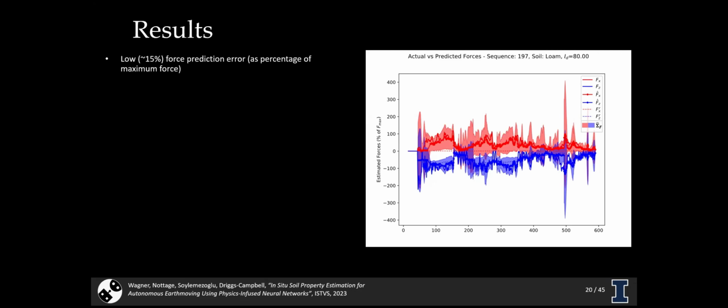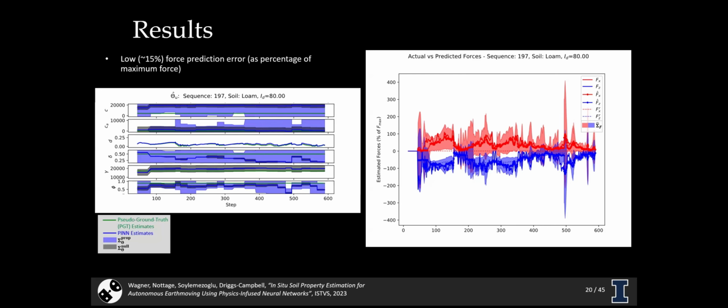The dotted line is representative of the actual predictions, and the solid red line is the measured force, and they're on top of each other, if you can tell. The other thing to note is that these shaded regions indicate the 1 sigma uncertainty in the predictions, and you can see that our predictions are within that the majority of the time.